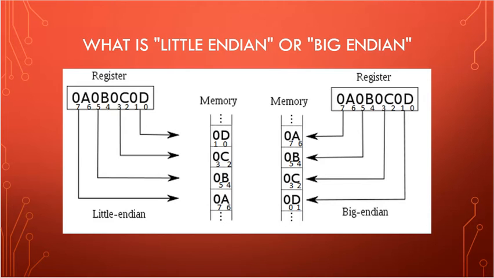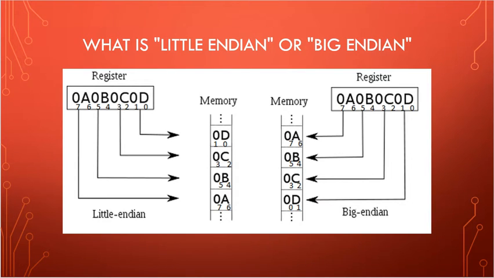So, big endians and little endians, there are both ways of storing multiple data types in computers.